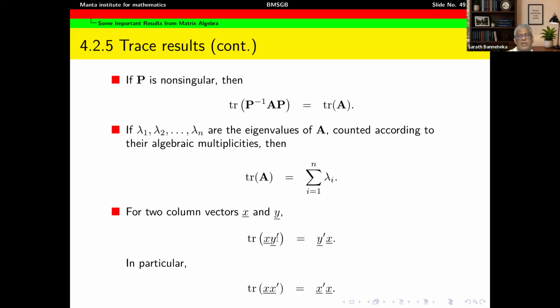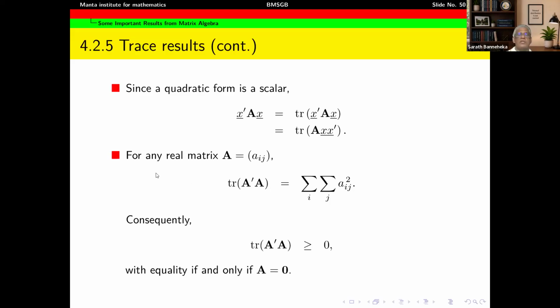But then y transpose x is a constant. Therefore, the trace of a constant is the same as that constant. So that's why you get this result. And in particular, if you take y to be x, then trace of x x transpose is the same as x transpose x. Sorry, I made a mistake. So trace of xy transpose is equal to y transpose x, and trace of x x transpose is equal to x transpose x.